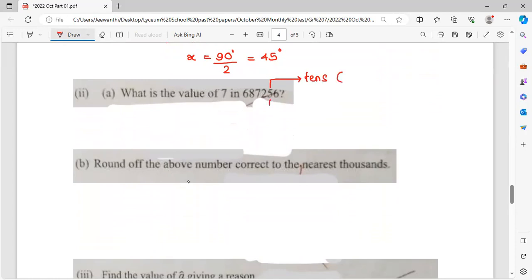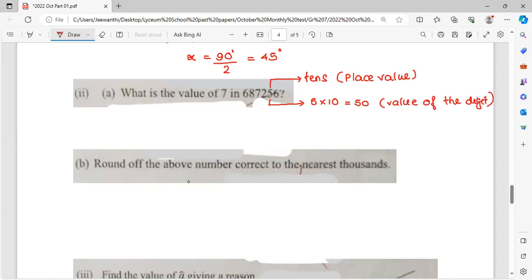Tens is the place value. So if I write this as 5 into tens, the answer is 50. This is the value of the digit. It is 50 because it is in the tens place.